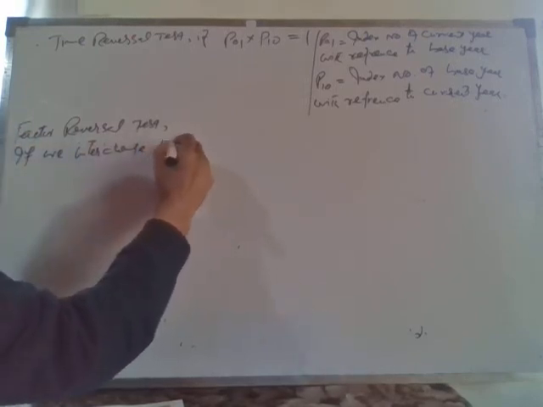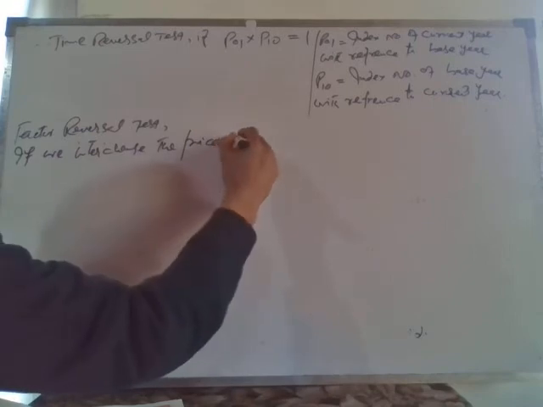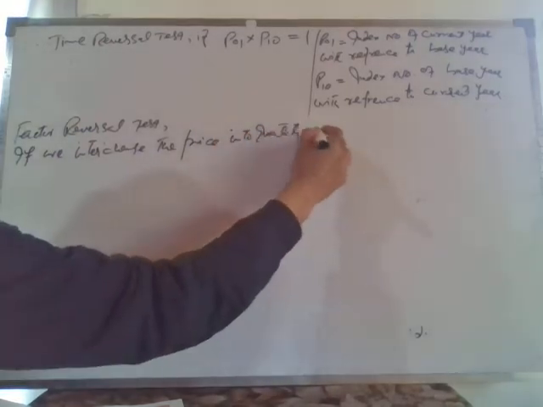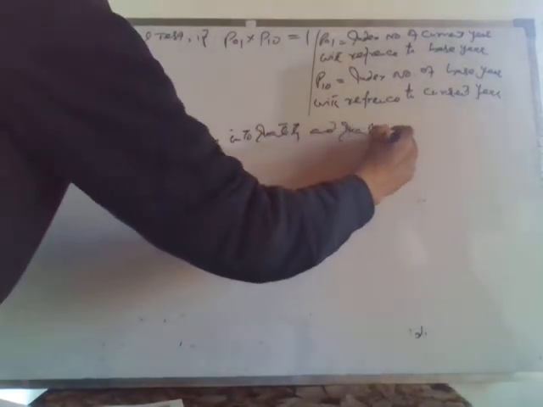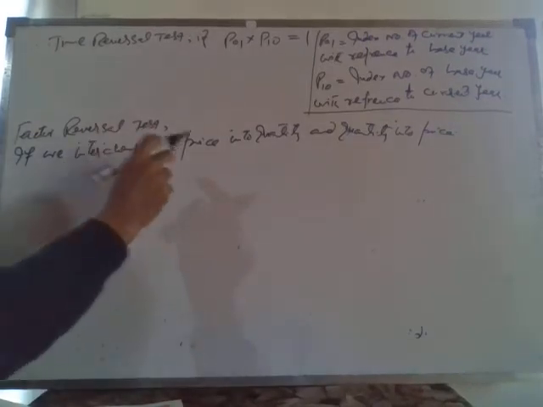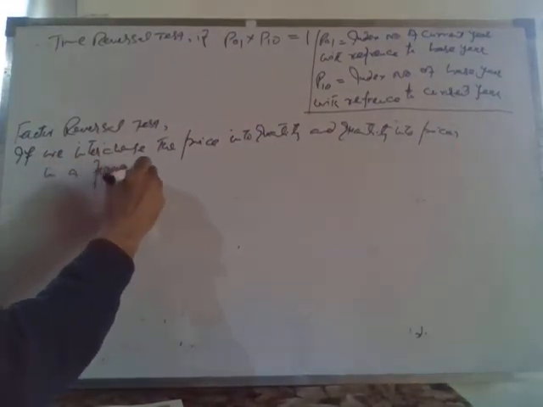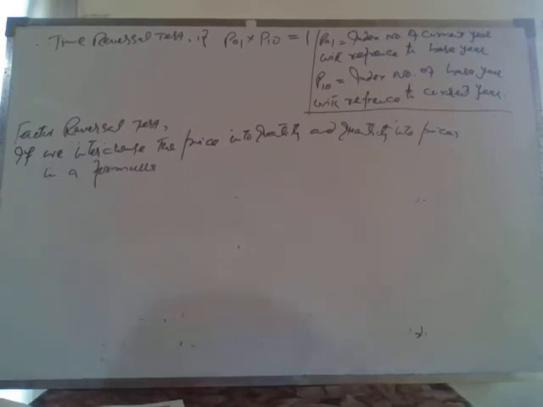If we interchange the price into quantity and quantity into price in a formula, it doesn't give inconsistency results.